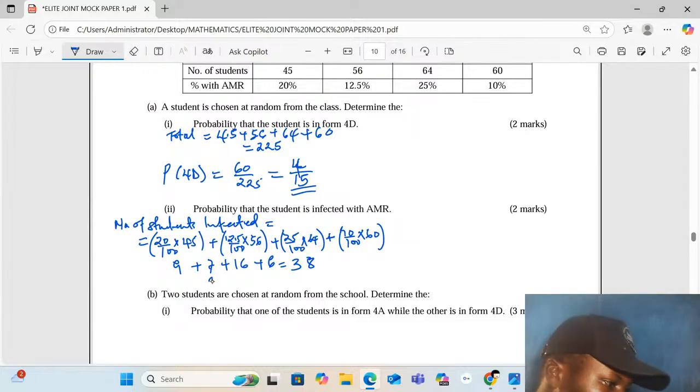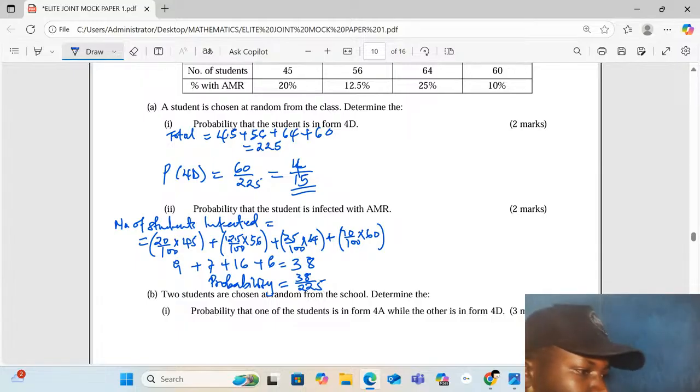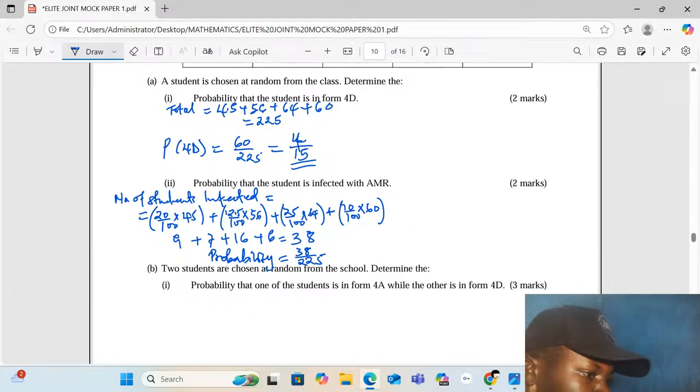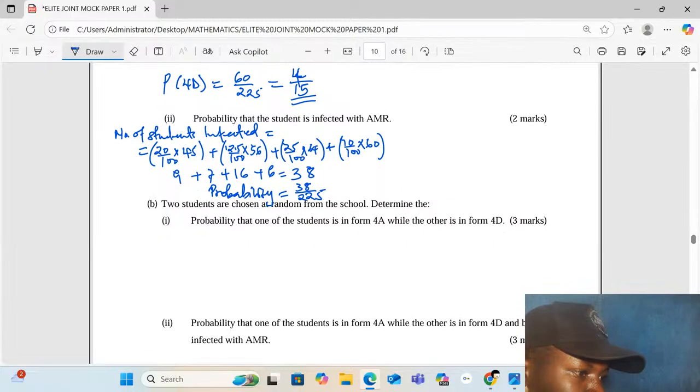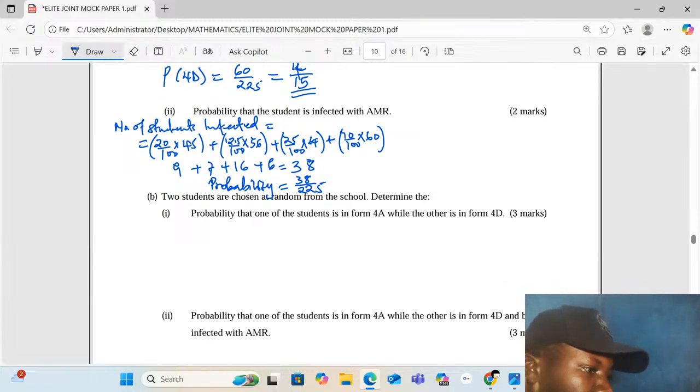So the probability will be equal to 38 out of the total, which is 225. So this becomes your probability of the student being affected by AMR infection.